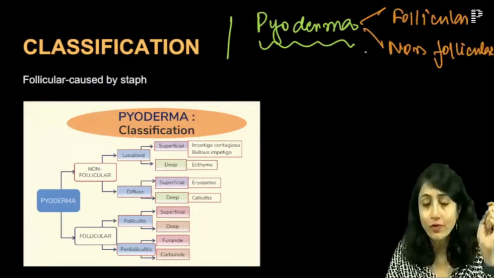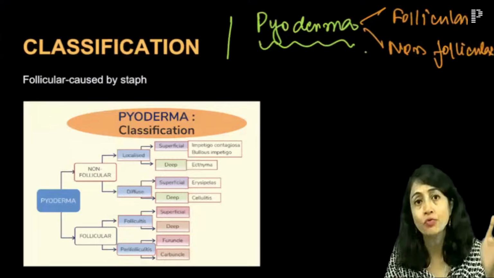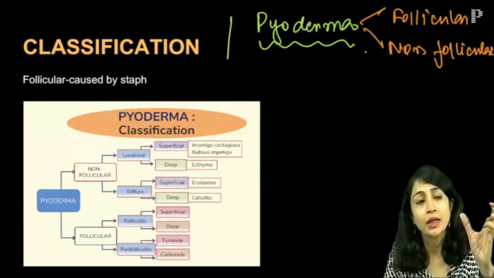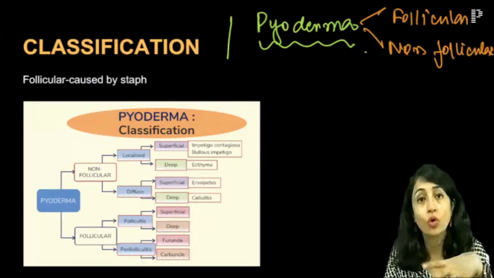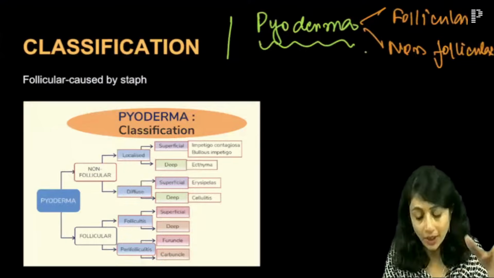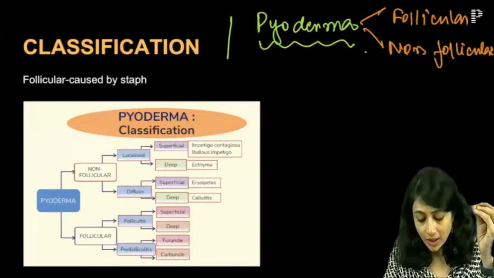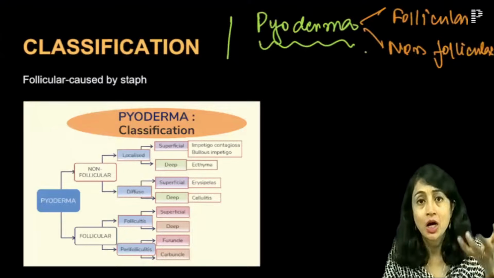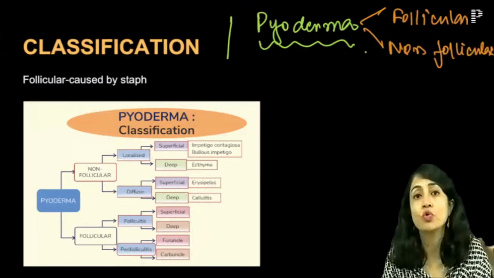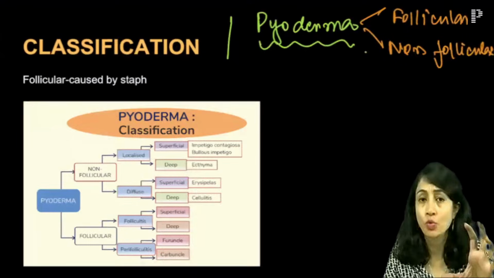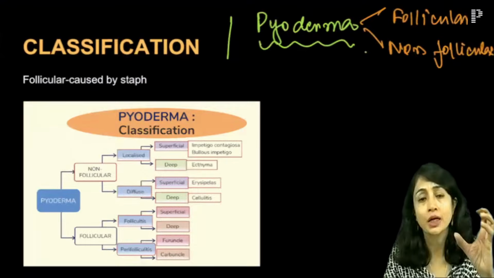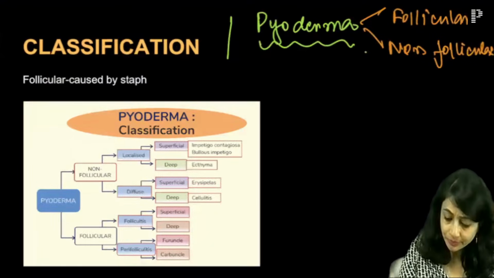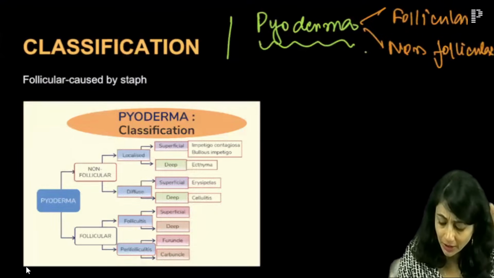Clear? Now, when we talk about non-follicular infections, they can be either localized or diffuse. Localized ones are impetigo and ecthyma, out of which impetigo is more superficial and ecthyma is deeper. We'll talk about each of them in detail.